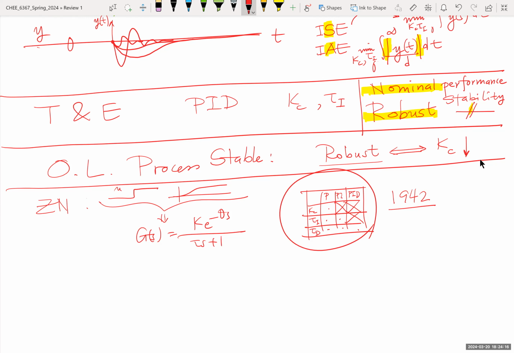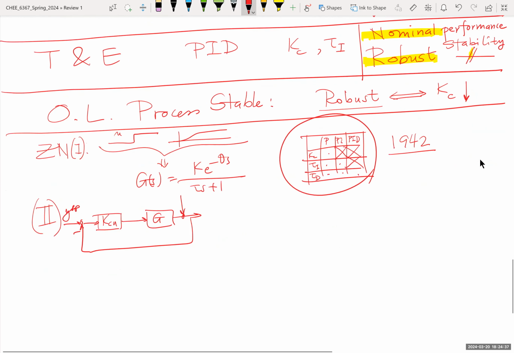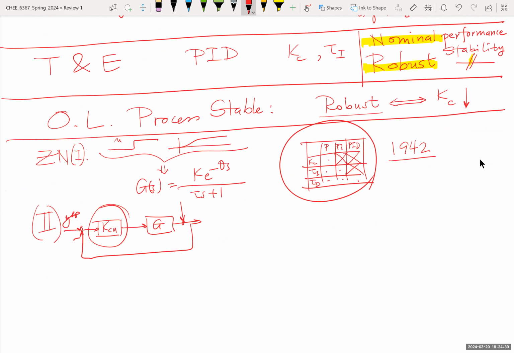This is Ziegler-Nichols version 1, and then there is version 2, where the information about the process is not in the form of this. The information about the process is in terms of the ultimate gain. So you have disturbances and set points, and the idea is that if you change the gain of this controller, if it's small enough, you look at the output, and it keeps going.